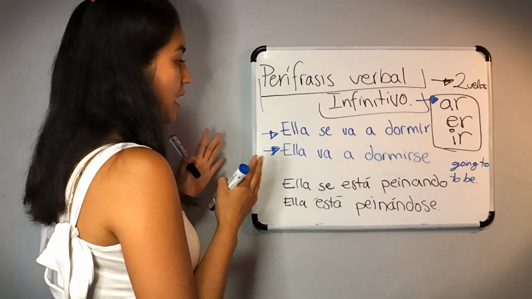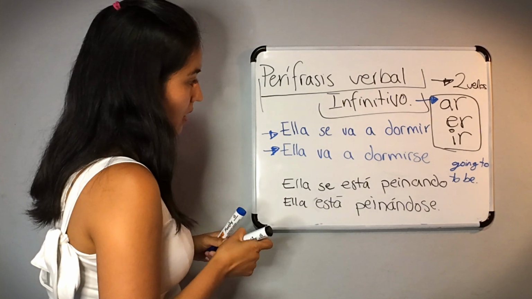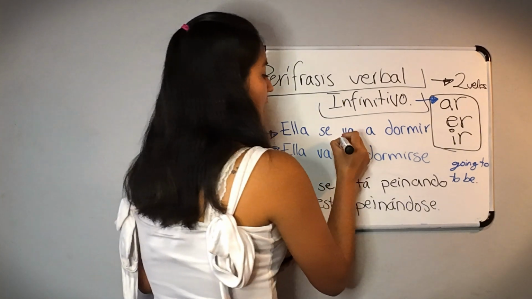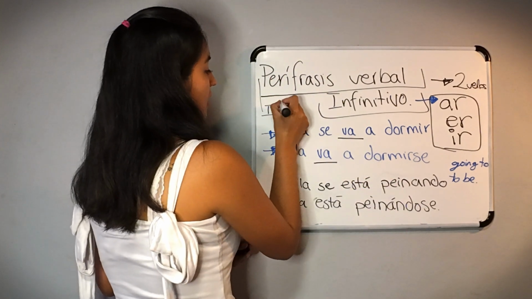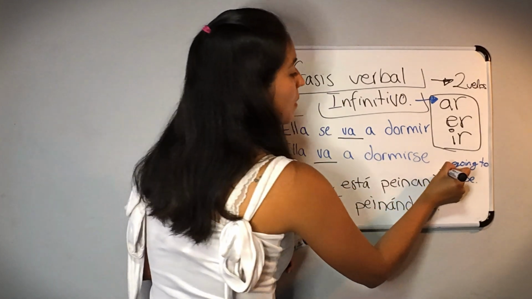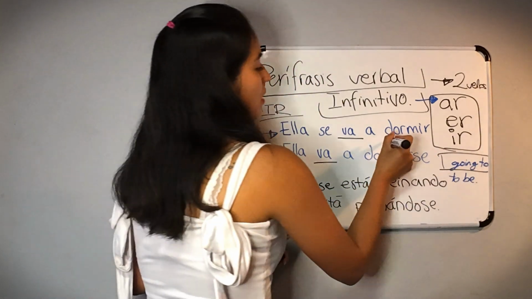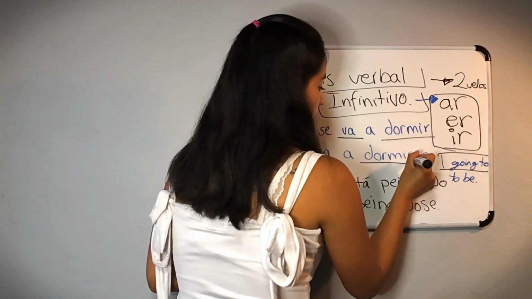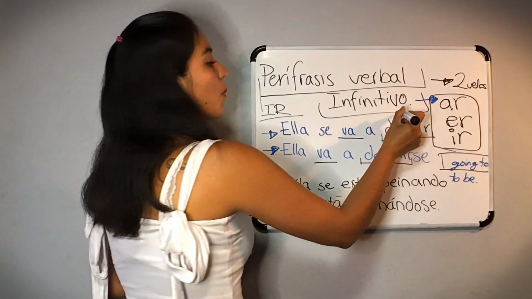This is our first example. The first verb is "va." Va comes from the verb ir. So in here it's a perífrasis verbal with the "going to." And the other one is "dormir."